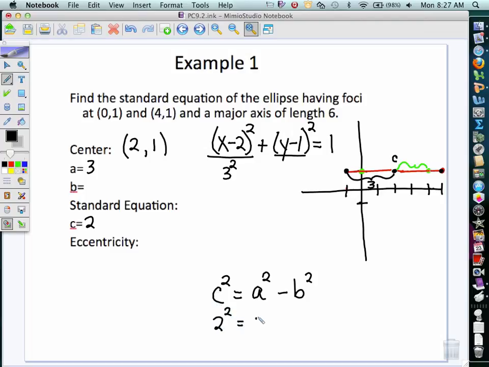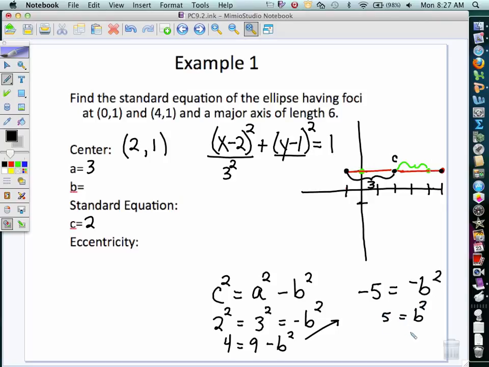So c squared is 2 squared, and a was 3, so 3 squared minus b squared. So we've got 4 equals 9 minus b squared. That concludes that negative 5 is equal to negative b squared, or b squared is equal to positive 5. So b has to equal the square root of 5.